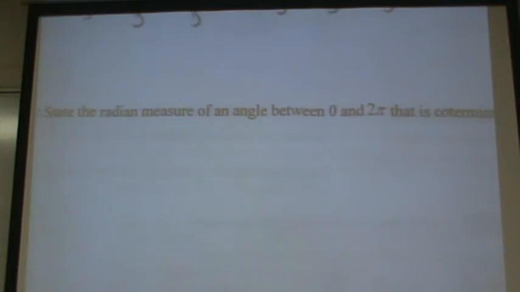And our last example. It wants you to state the radian measure of an angle between 0 and 2 pi that is coterminal to negative 3 pi over 4. So this wants an angle of radian measure that is positive. Right now you have a negative, so what are we going to do to find a positive radian measure? It has to be between 0 and 2 pi, so it needs to be within that first rotation.